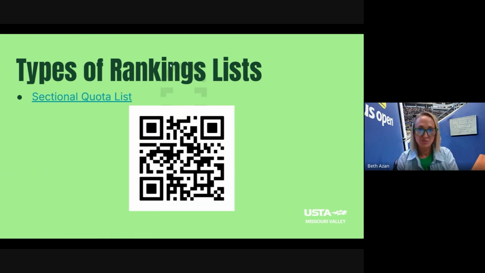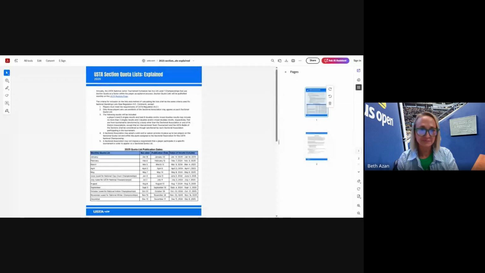Okay, the sectional quota list. I don't get a lot of calls on this except right before national championships. Every year USTA National lets our section know how many quota spots we receive.